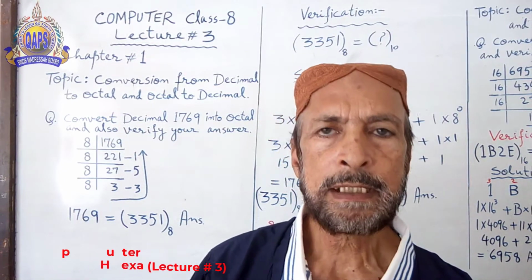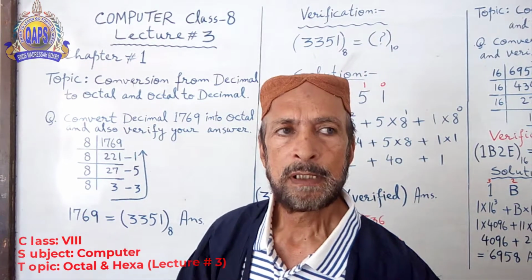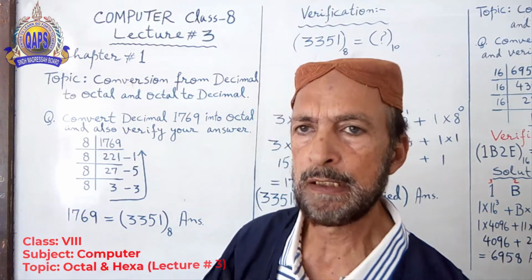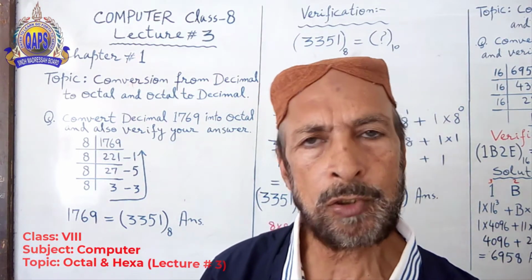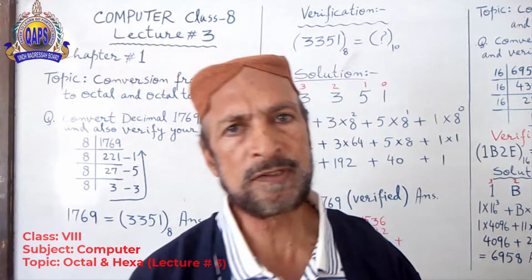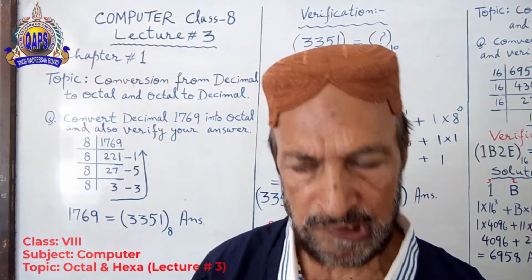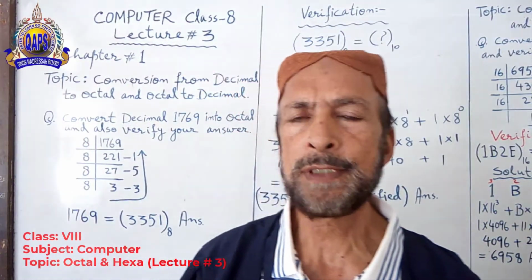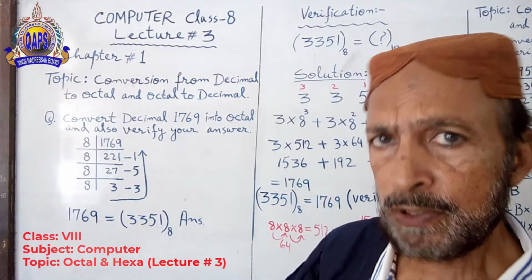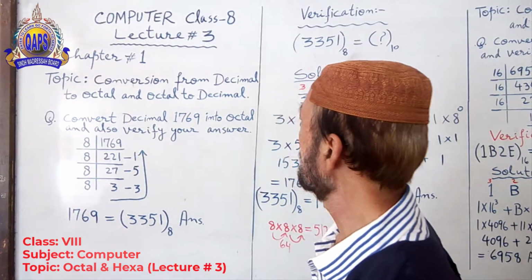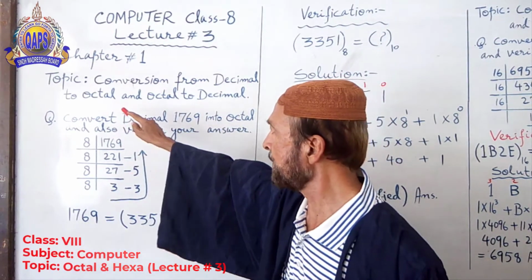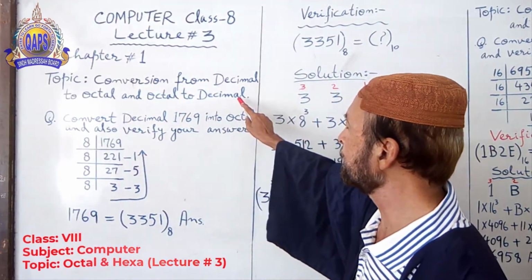And after that, conversion from decimal to binary and binary to decimal. You have already done that. And I wrote examples, I solved questions. So now, this is the time for conversion from decimal to octal and octal to decimal.